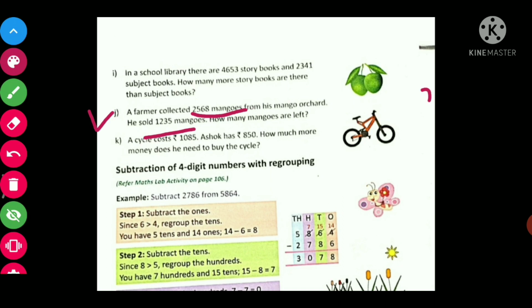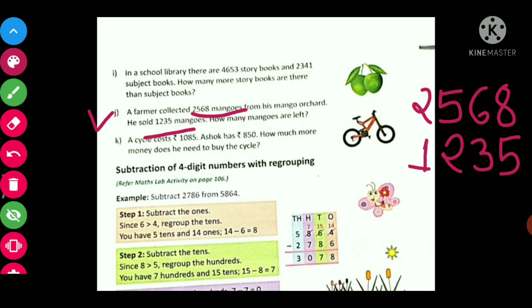So now we'll write 2,568 and 1,235, and now we'll do subtraction. So 8 minus 5, it will be how much? 8 minus 5, it will be 3. Now see the tens place value. 6 minus 3, it will be 3.